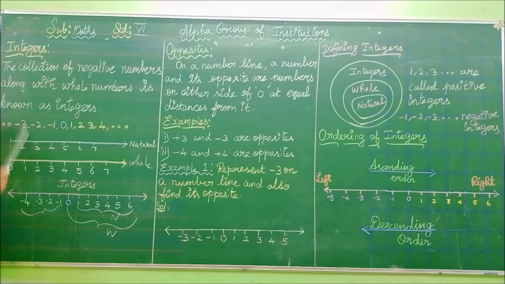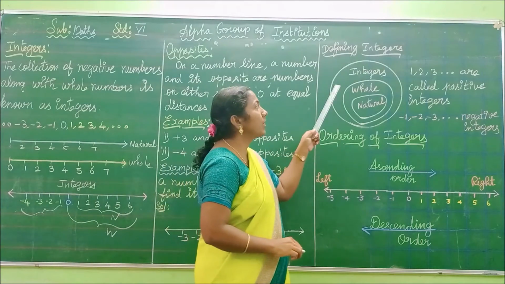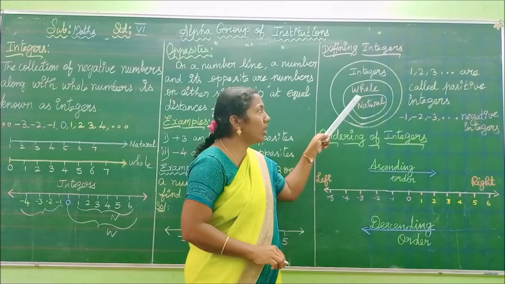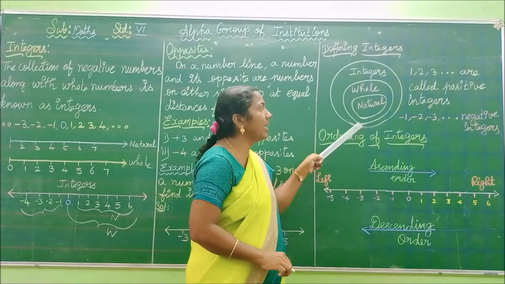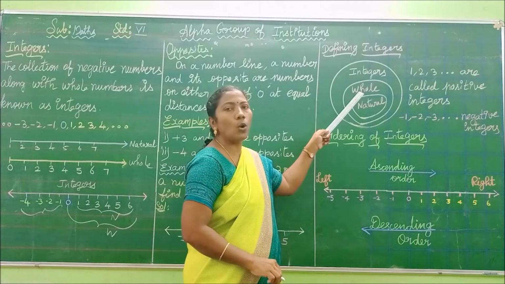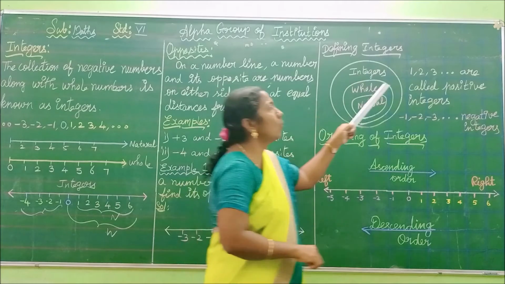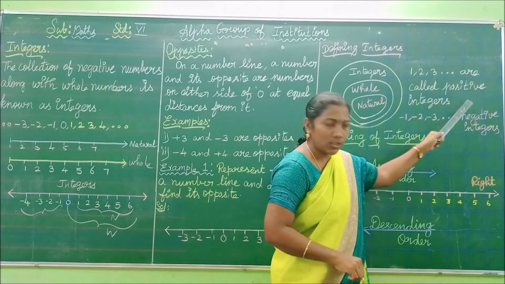So integer means it contains negative numbers or negative integers, 0 and positive integers. Then only we can call the collection as integers. I hope you understand. See the diagrammatic representation. Integers contain whole number. Whole number contains natural, because if you add 0 with natural number you get whole number. If you add negative numbers with whole number you get integers. So 1, 2, 3 are called positive integers.